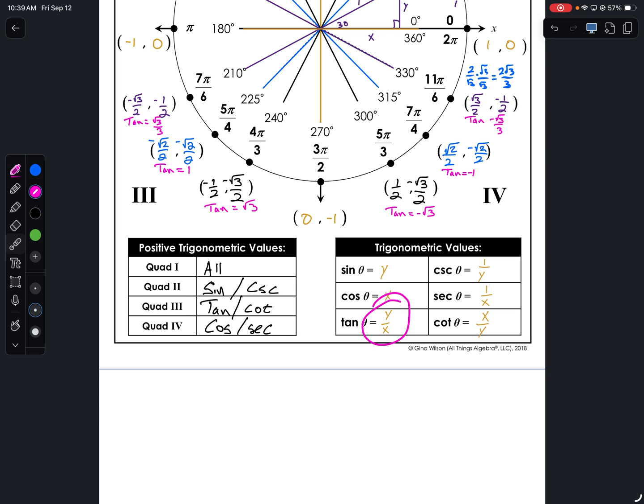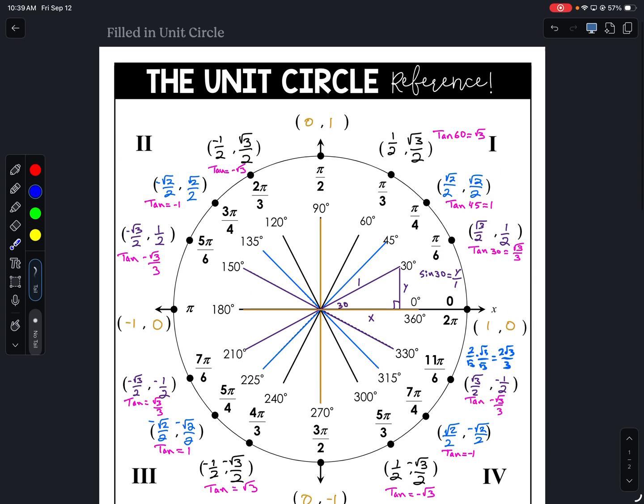Tangent is y over x. So if I'm at pi over 2 and I'm doing tangent, what do I get when I do y over x? What's 1 divided by 0?